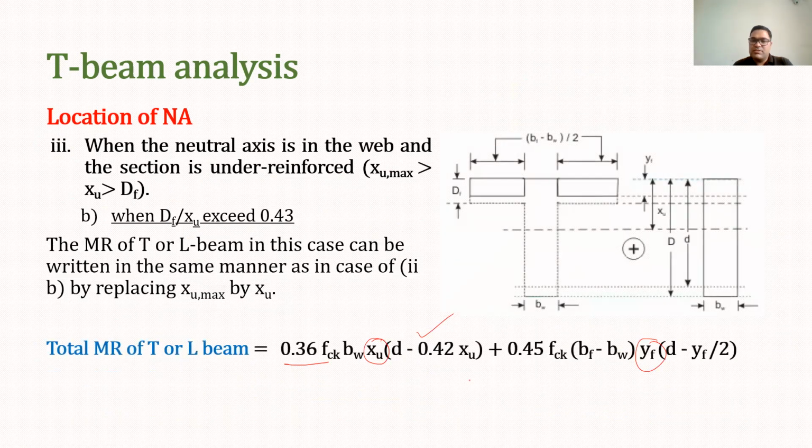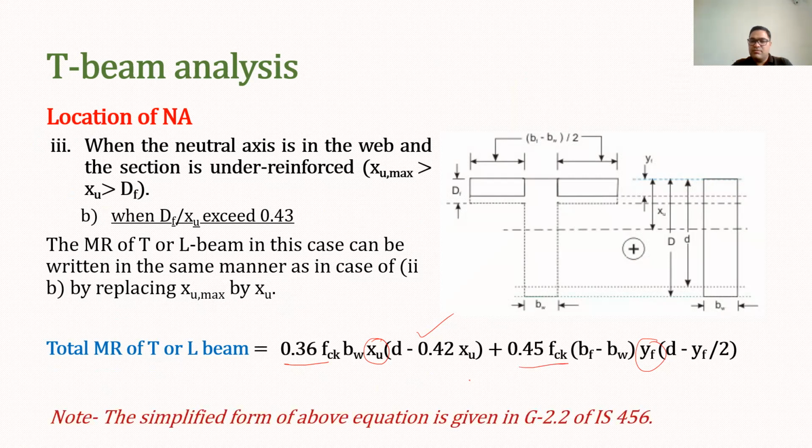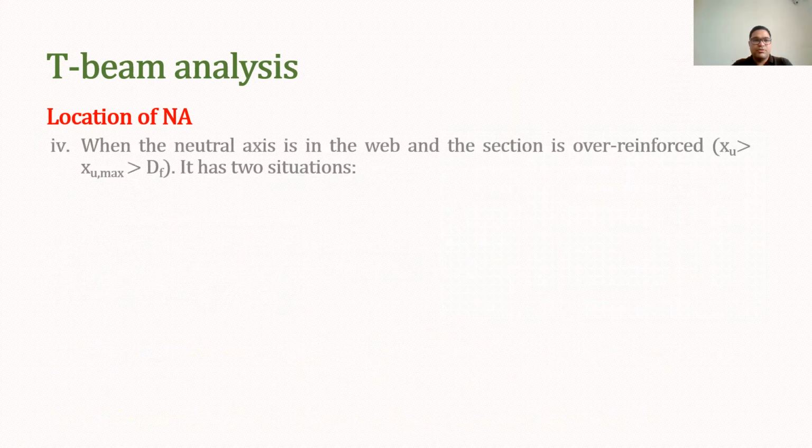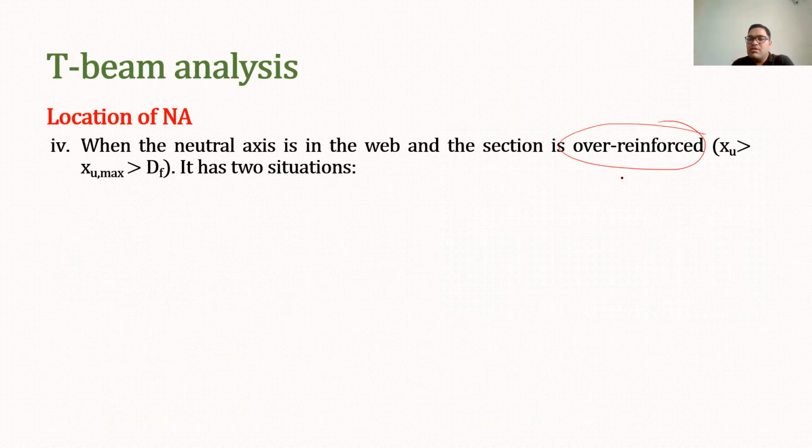So the formula for this is this one, and the same is given in IS code. Now coming to case 4, when the section is over reinforced. In the previous part, I told you that when our section is over reinforced and balanced, we use Df by d ratio.